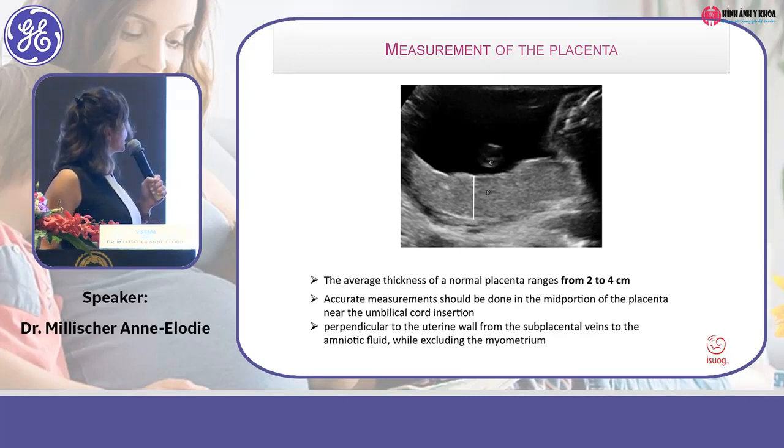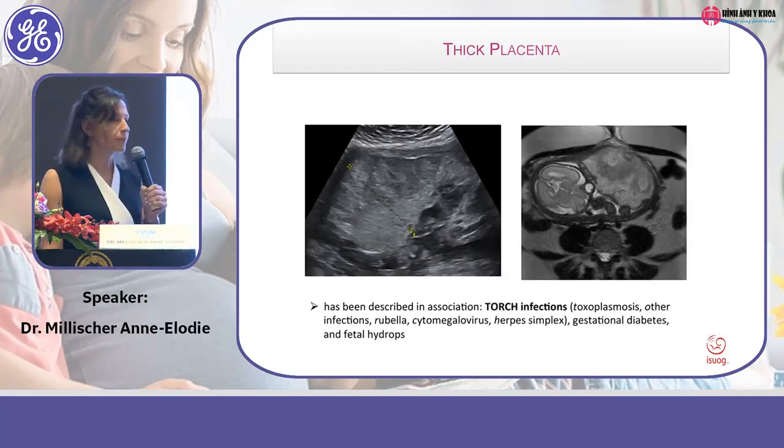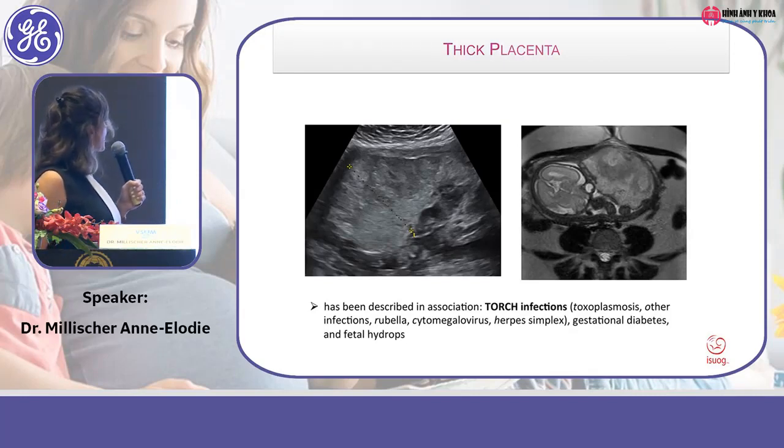Chúng ta đã đề cập đến cái độ dày trung bình của một cái bánh nhau bình thường sẽ dao động từ 2 tới 4 cm. But sometimes we see this kind of placenta, a thick, very thick placenta, heterogeneous, with kind of hyperechogenicity inside the placenta.